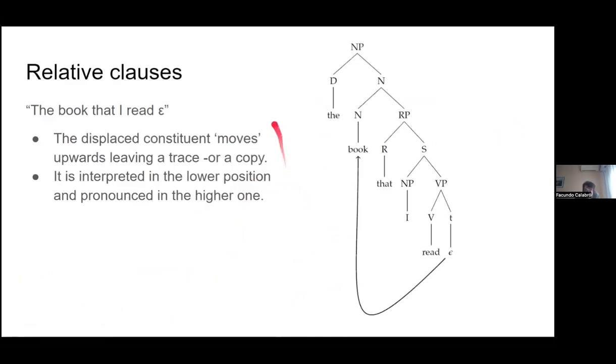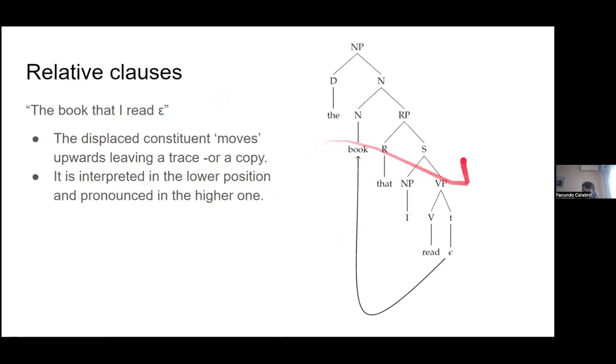Okay, so this is another phenomenon that can be expressed through MCFGs. These are the relative clauses where the displaced constituent moves upwards, leaving a trace or a copy. It is irrelevant now. It is interpreted semantically in the lower position and pronounced in the higher one, right?